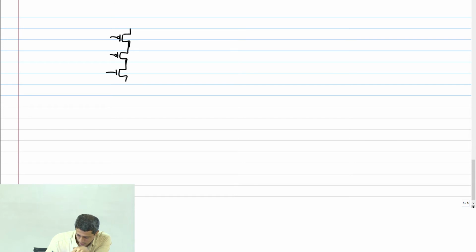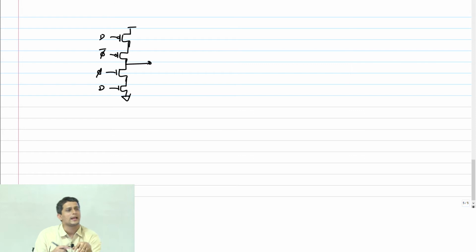So now let us look at this connection, right? I said a tri-state inverter had to be like this. This is D, D, phi, phi bar. Can I swap D and phi? Logically, this is also a valid flop, right?